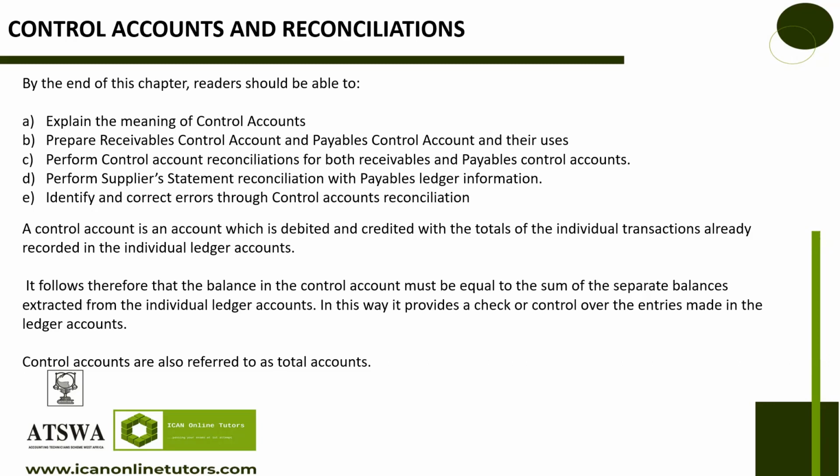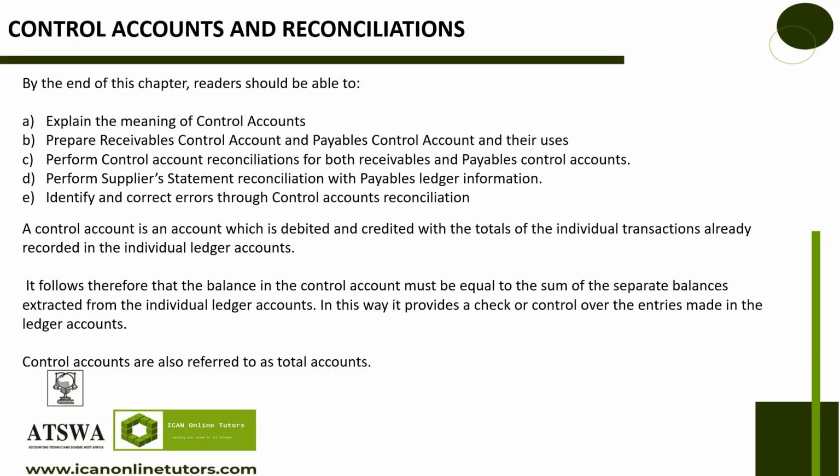Today, we'll be looking at control accounts and reconciliation in our ATS 2 class. By the end of this chapter, readers should be able to explain the meaning of control accounts. They should be able to prepare receivables account and payables account and their uses.